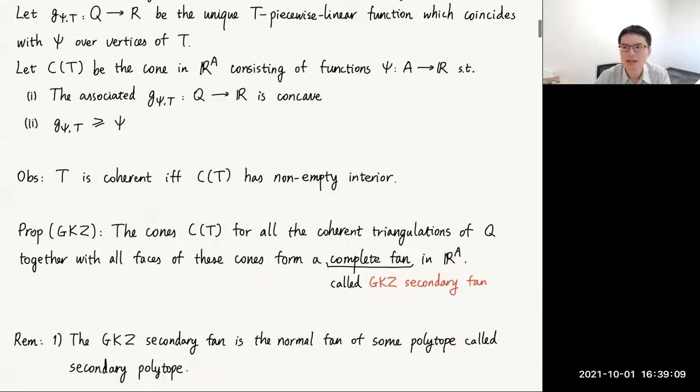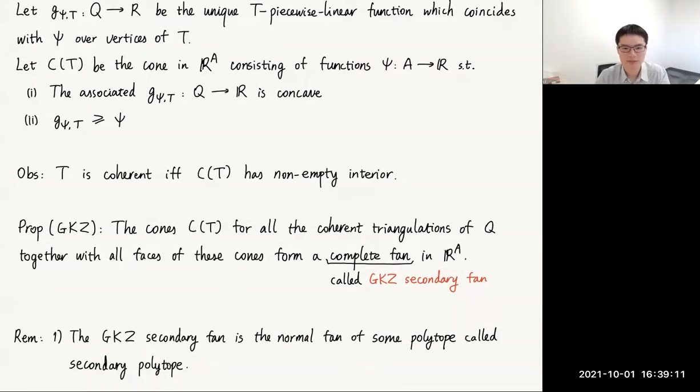And let me give some remarks. First, this GKZ secondary fan is the normal fan of a polytope called the secondary polytope. So in the book, first they introduced the secondary fan, and then later they also introduced the secondary polytope and showed that the secondary fan comes from the secondary polytope as the normal fan.